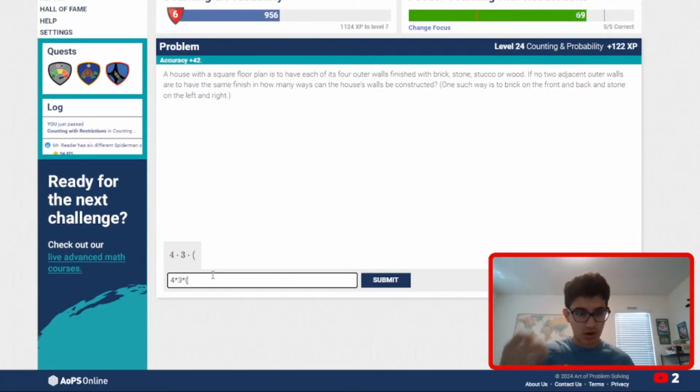If the left wall is the same, then you just have three options for the wall at the back. Or if the other wall is something else, that means it's got two options. It can't be the one opposite it or the one adjacent to it. Then the wall at the back will also have two options. So this gives you seven. So 4 times 3 times 7. 21 times 4, 84.